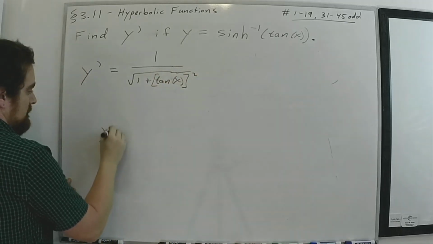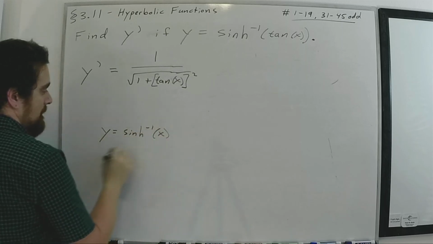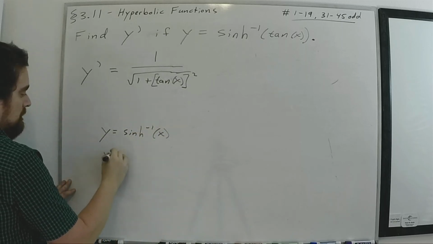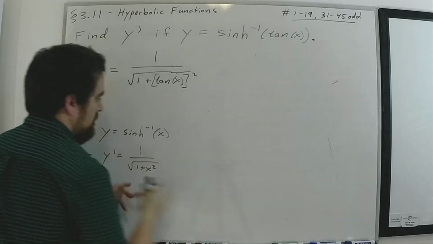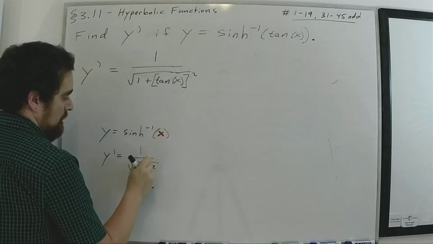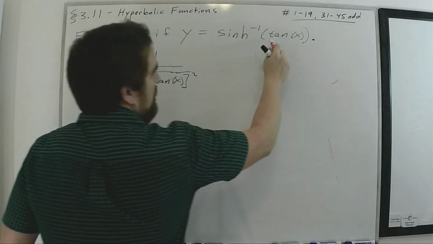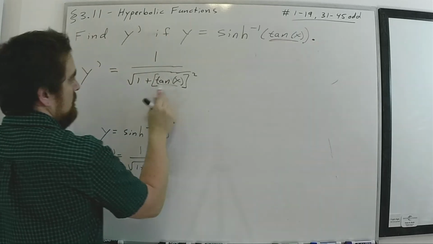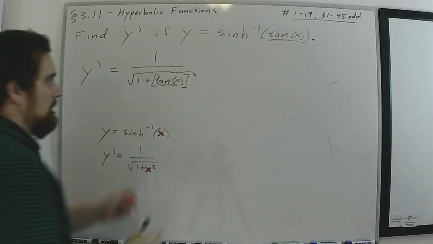So again, go back to the original sine hyperbolic inverse of x. Whatever this thing is in here gets squared in the derivative. Well, because I have something more going on, something more gets plugged in here to be squared. Now, I'm not even done yet.